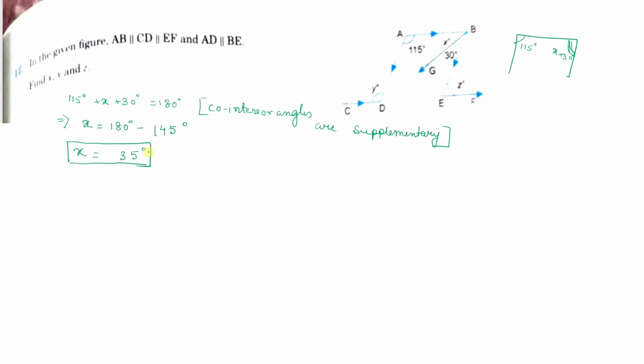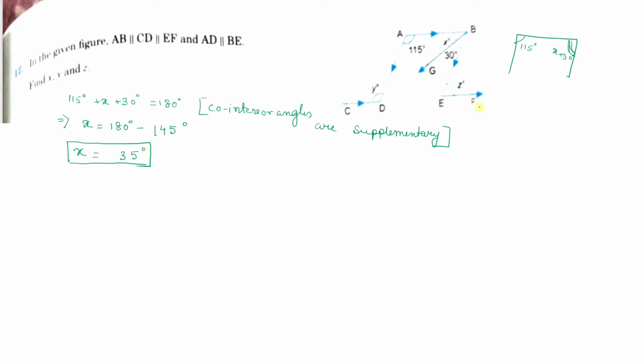The reason will be co-interior angles are supplementary. Find out the value of x, that is 180 degrees minus 145 degrees. x is equal to 35 degrees. Okay, so the value of x is what? 35 degrees. Yes.